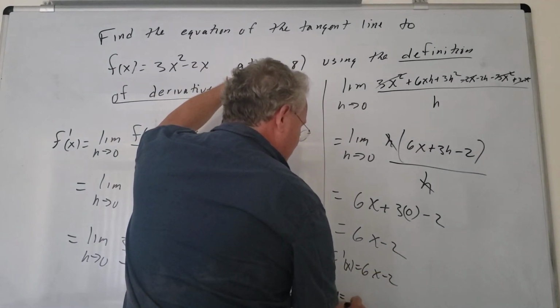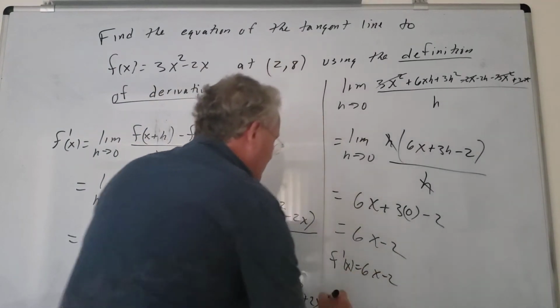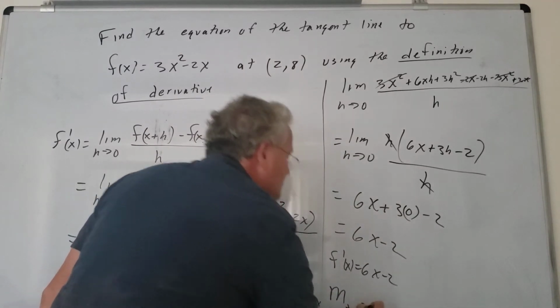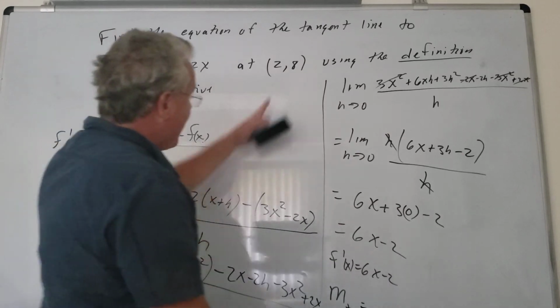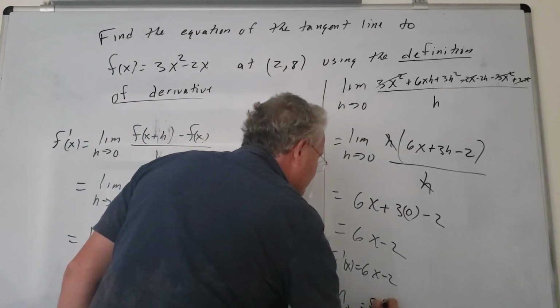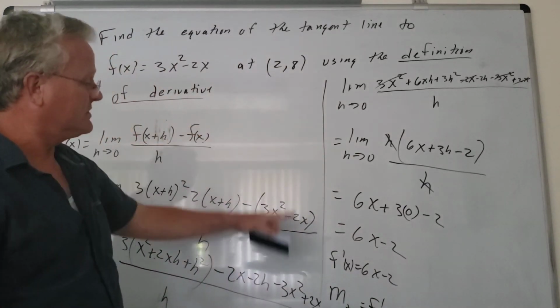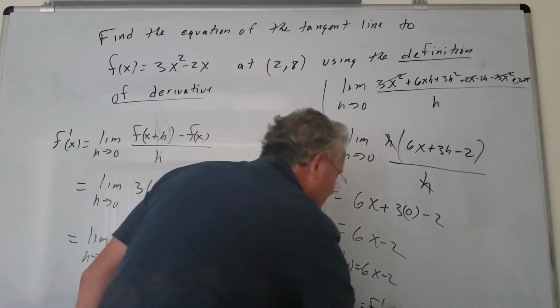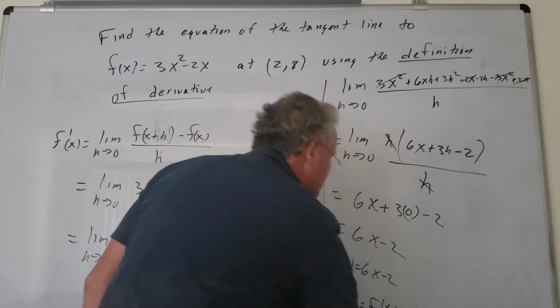The slope of the tangent line at a given point is the derivative. And for this particular problem, we want it when x is 2. So we want to evaluate this derivative when x is 2.